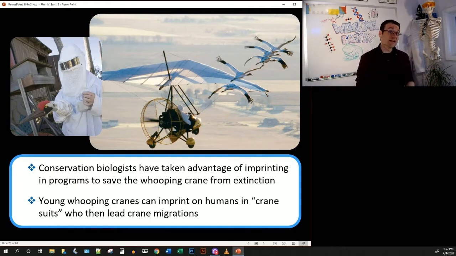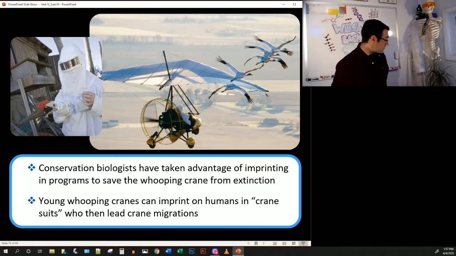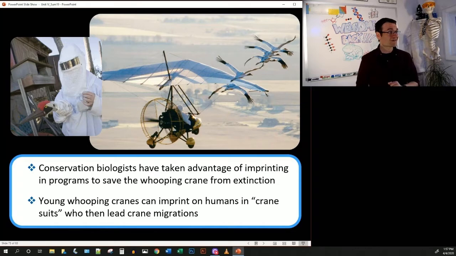It would be very, very dangerous for them. So they put on the costume not to fool the birds into thinking they're a crane, but to prevent them from imprinting on the image of humans. So this is one nice little use of these learned behaviors, of imprinting at least.